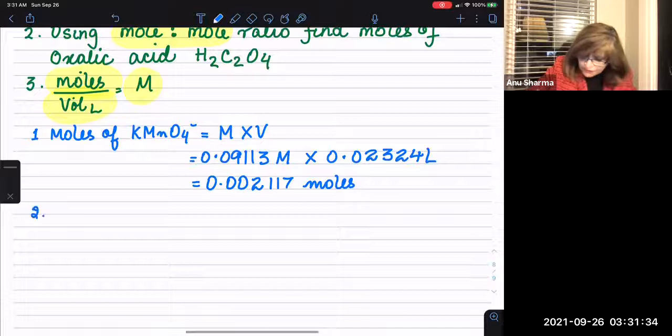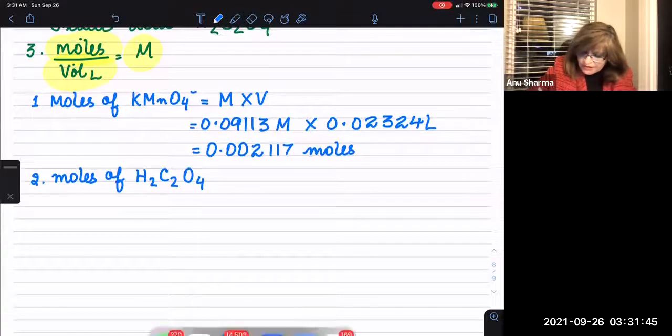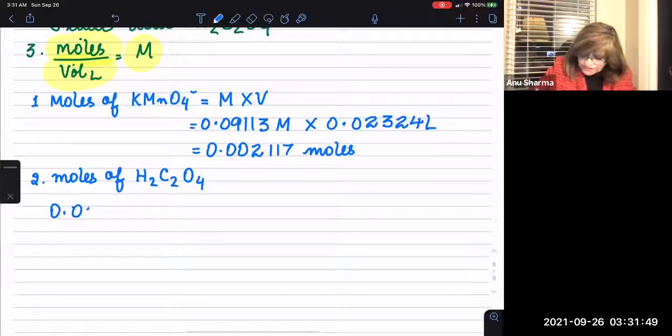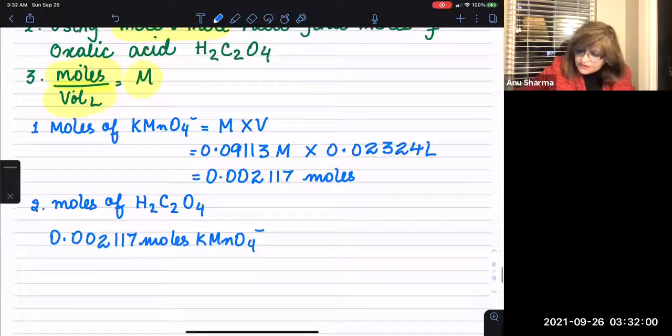Next we're going to find the moles of oxalic acid, which is H2C2O4. Okay, so that comes out using the mole to mole ratio. So we have 0.0021117 moles of KMnO4, or like your book is using just the MnO4, which is also fine.